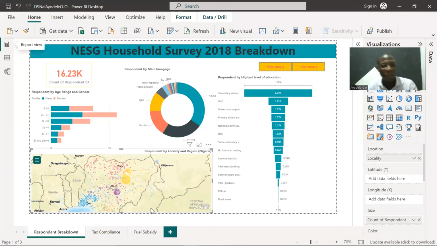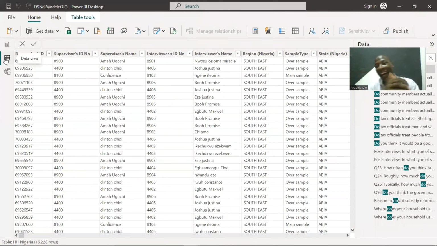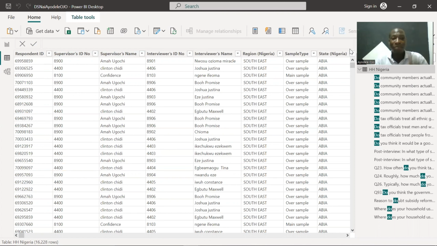Okay, this is one of my reports, but I won't start with that. Let me help you see how all of this got started. I actually want to explore this data set and bring out insight, that is, tell a story with this data.